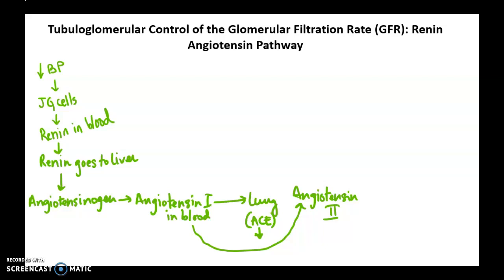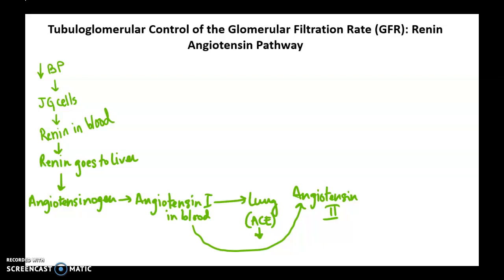Renin via blood will then go to the liver and convert a protein called angiotensinogen into angiotensin 1. Angiotensin 1 then comes into blood and moves to the lungs. In the lungs, there is an enzyme called ACE or angiotensin converting enzyme. This enzyme converts angiotensin 1 to angiotensin 2.